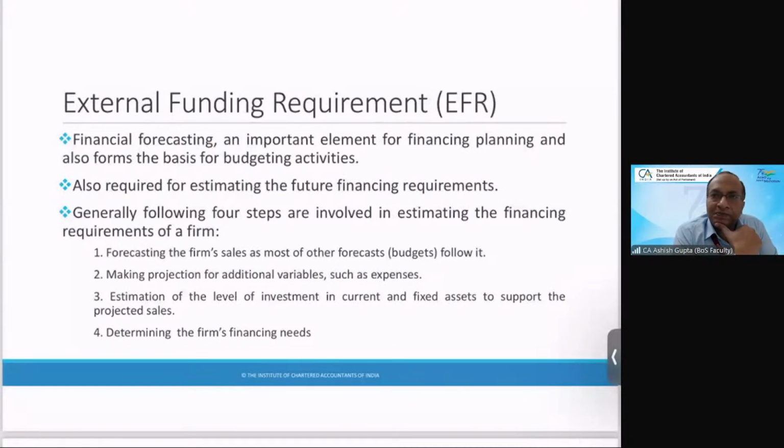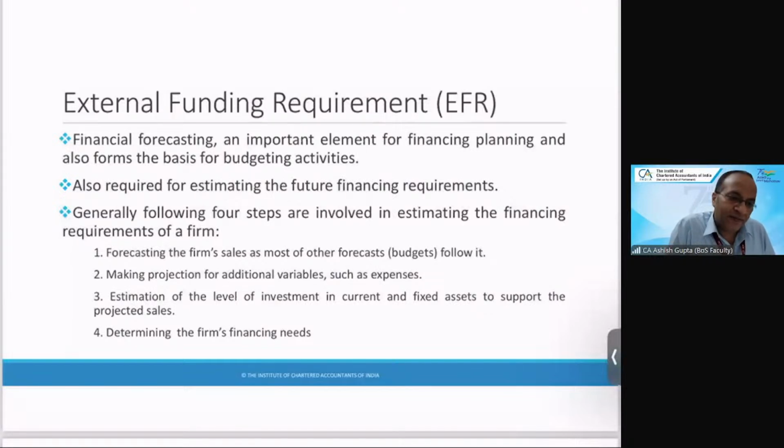See what happens. We have seen in the internal growth rate and sustainable growth rate. In the internal growth rate, we are considering that for our sales, we are not using any outside resources. In the sustainable growth rate, we are assuming that we shall use external funds, but not equity, and our debt equity ratio should be maintained.